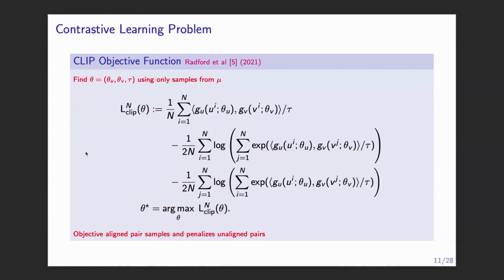And they try to minimize the inner product or the similarity between the encoding of these pairs of samples. So the idea is that we want to maximize the alignment between paired samples and penalize or minimize the alignment between unpaired samples.